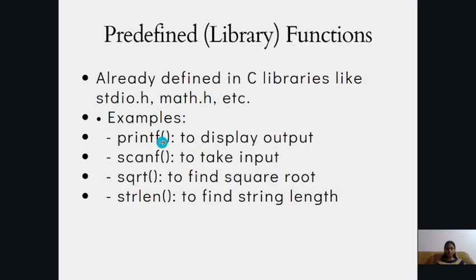Predefined or library functions are functions that come built into the C language. They are stored in header files like stdio.h or math.h. Examples include printf, scanf, and sqrt. printf is used to display the output, scanf is used to take input from the user, and sqrt is used to find the square root of a given number.